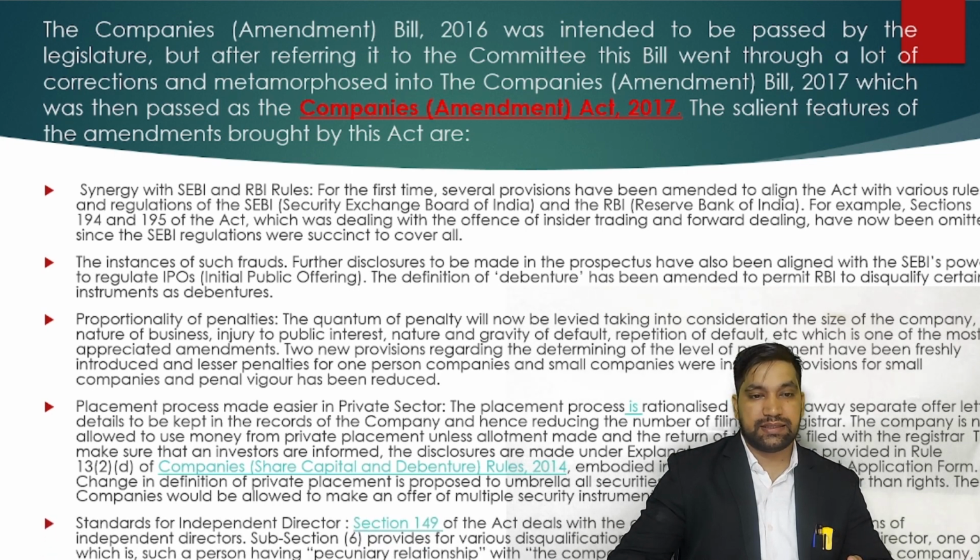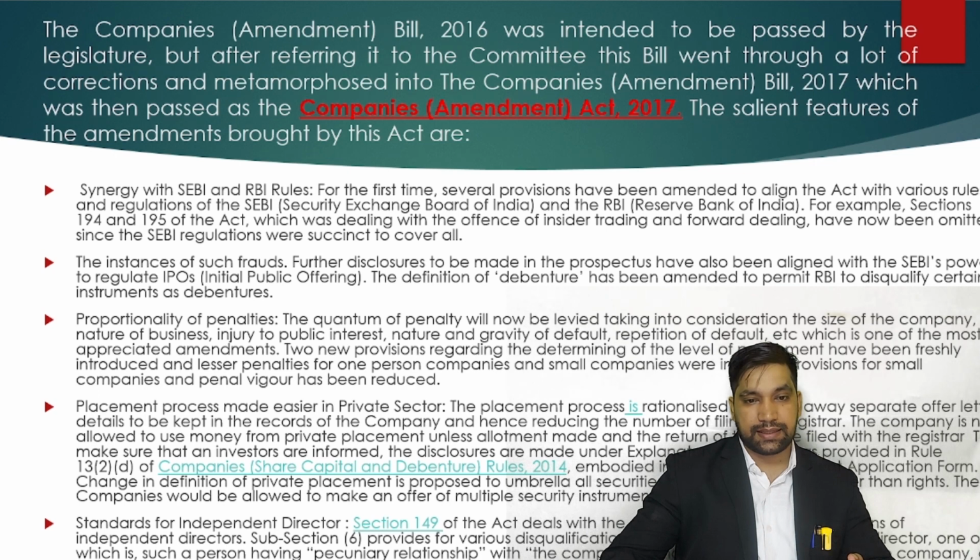So standard for independent director. Section 149 of the Act deal with the qualification and disqualification of the independent director. Subsection 6 provide various disqualification for becoming an independent director, one of which is such a person having pecuniary relationship with the company, its holding, subsidiary or associate companies or their promoters or directors.